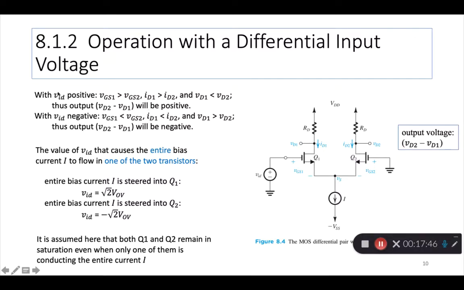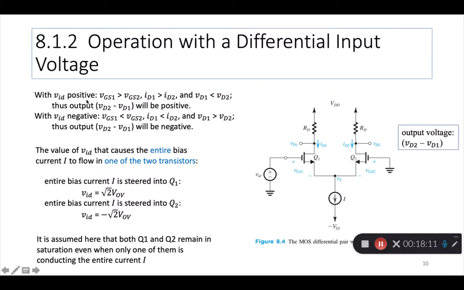So with VID positive, VID is the differential input to the whole thing. Here what we have shown is one of the inputs set to kind of a reference or ground, and the other input is shown as VID, V input differential.